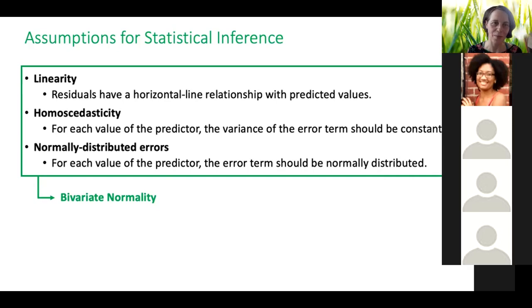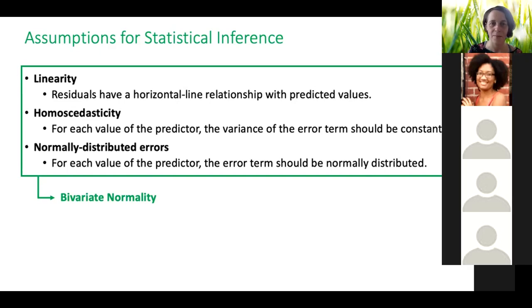So for example, for our high school GPA versus college GPA example, if we had larger or smaller residuals estimating the college GPA for higher or lower high school GPA, that would be a problem and would violate this assumption, right?